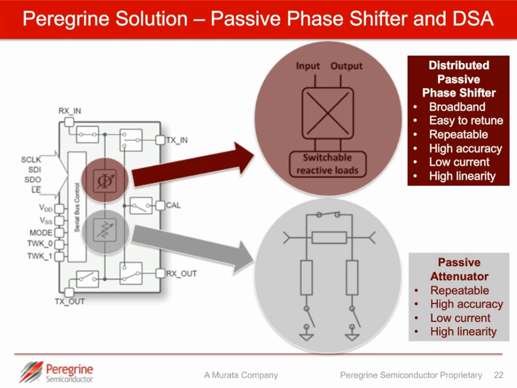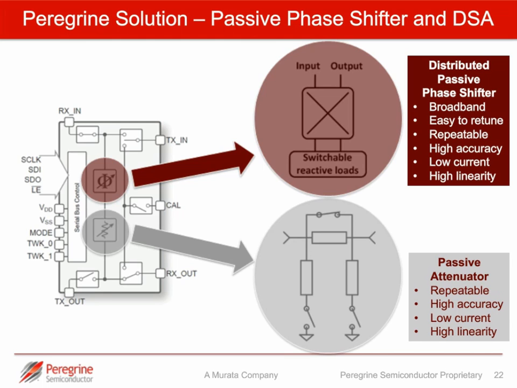The benefits of this system are it's broadband, extremely repeatable, and we achieve the accuracy that we desired plus the high linearity. So this architecture is a very robust solution and addresses our primary requirements.